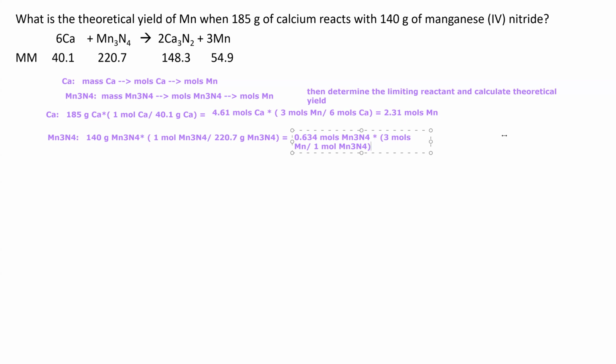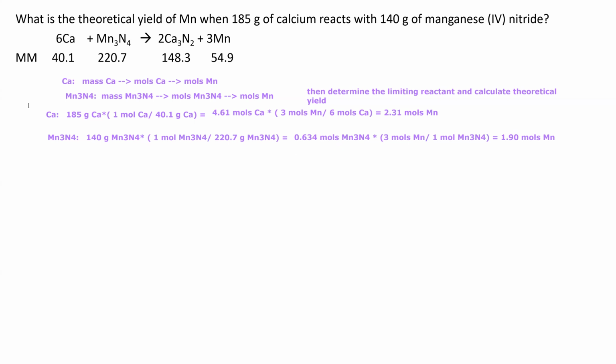And this will tell us how many moles of product are formed by this reactant. And we get 1.90 moles of manganese. So at this point, we've calculated the moles of product produced by each reactant.